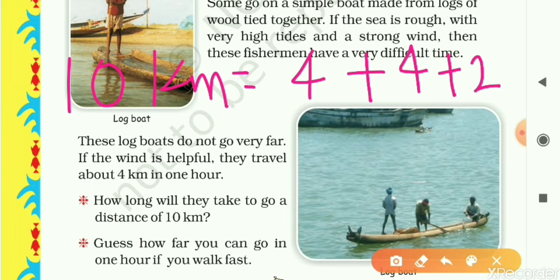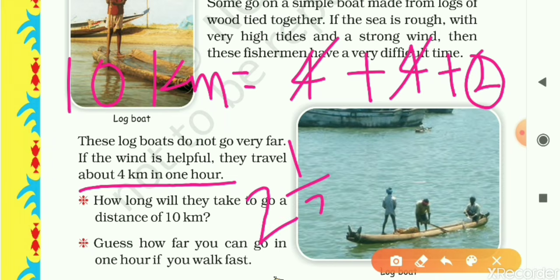As you know, the boat is completing 4 kilometers in 1 hour. So how many hours did we get? 1 and 2. Okay, and another will be half. So total 2 and a half hours. Clear? It means it will take 2 and a half hours to complete the distance of 10 kilometers.